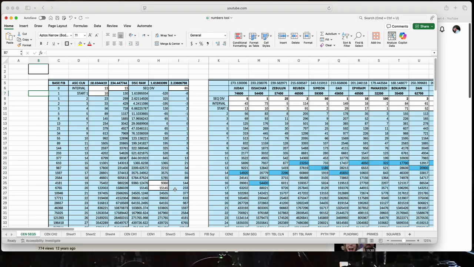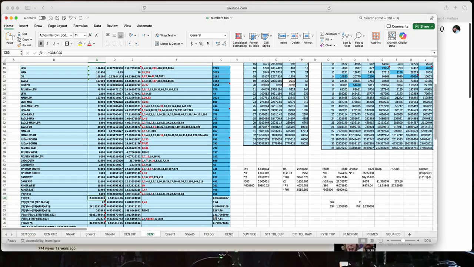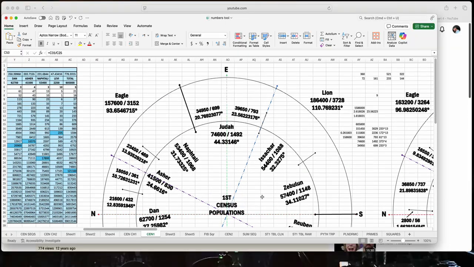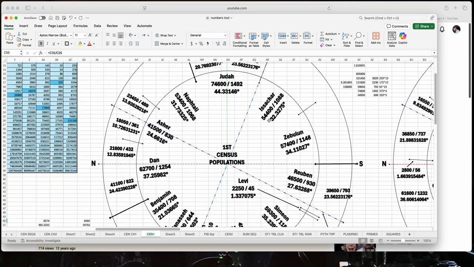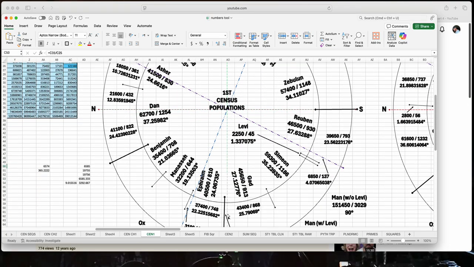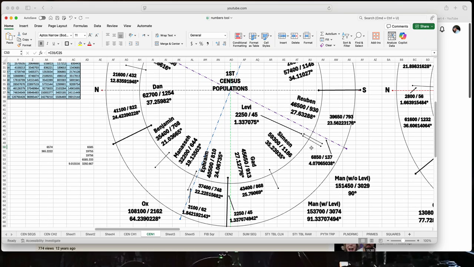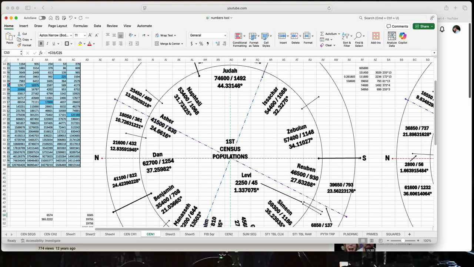So this is all kind of letting me see how we're tying into these relationships. You wouldn't notice in this first census when we're finding this bifurcation of Judah, when we're setting this to the 1/4 piece of the whole circle, and we're adding in this other 2250 and making this our start point.